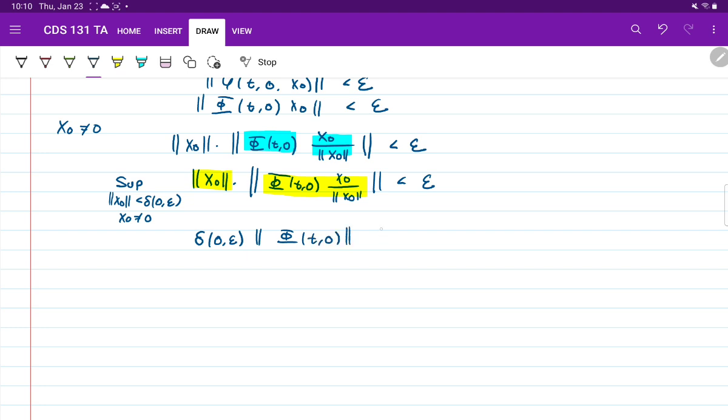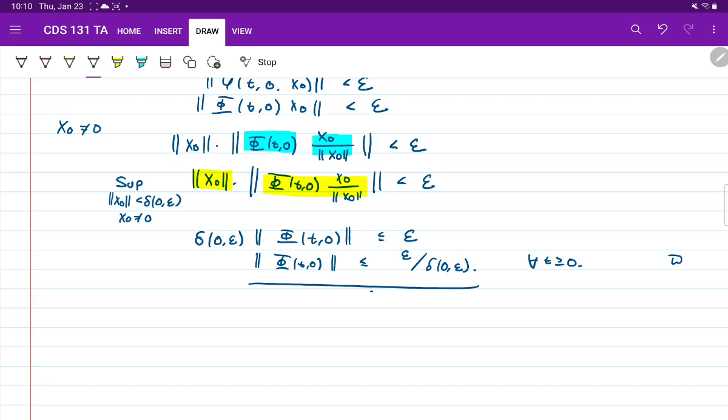And in taking the supremum, instead of getting a strict less than, this gets relaxed to a less than or equal to. So we find that the norm of phi of t comma 0 is less than or equal to epsilon over delta of 0 comma epsilon, and that's our upper bound, which holds for all t greater than or equal to 0. Okay, so the result then follows.